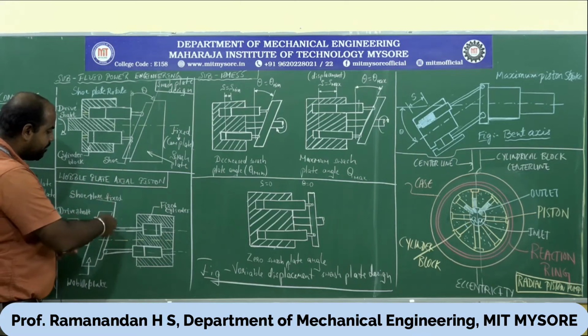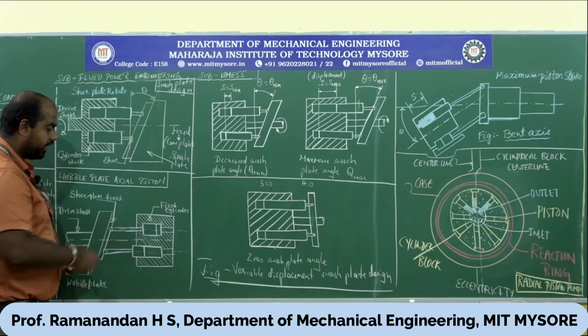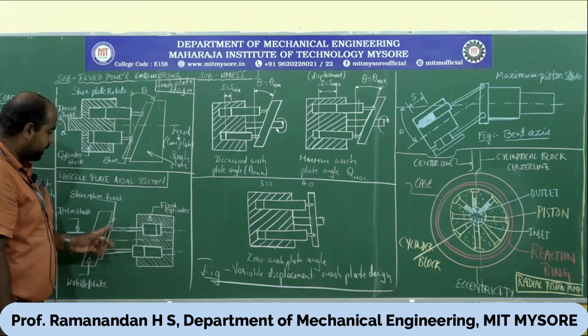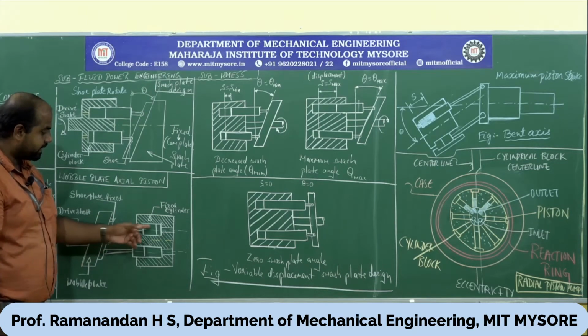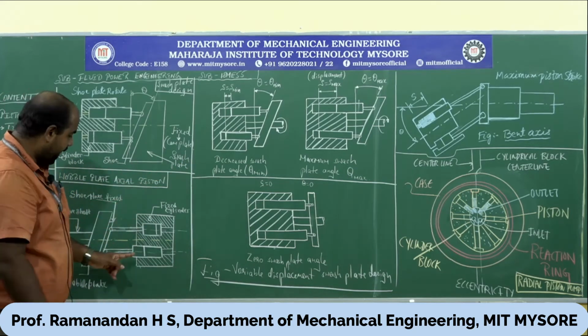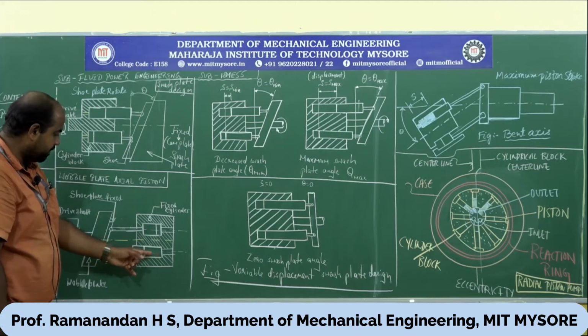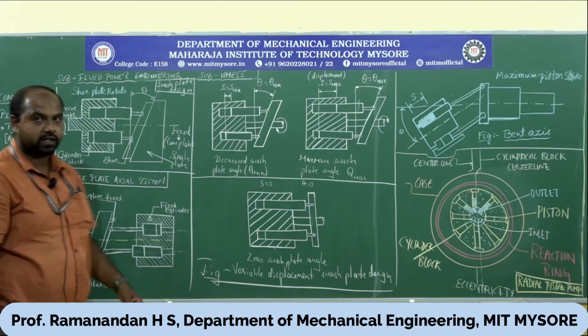That makes the piston reciprocate. If the angle is as shown here, in this cycle in the upper half there will be discharge of the fluid, and in the lower half the piston travels more, so that suction is created in the cylinder.